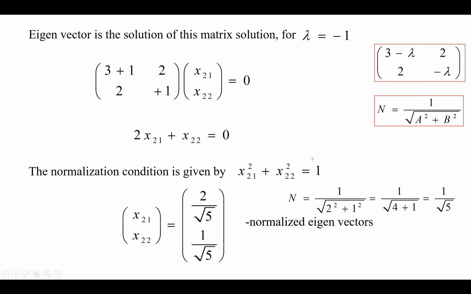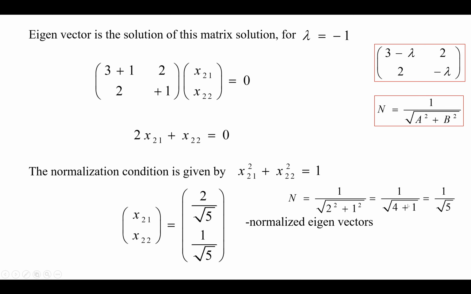So of course the normalization condition is given as x21 squared plus x22 squared equals 1. So N equals 1 divided by root of the coefficient of the first one. X21 has coefficient 2, so 2 squared. The coefficient of the second one, x22, is 1, so 1 squared.